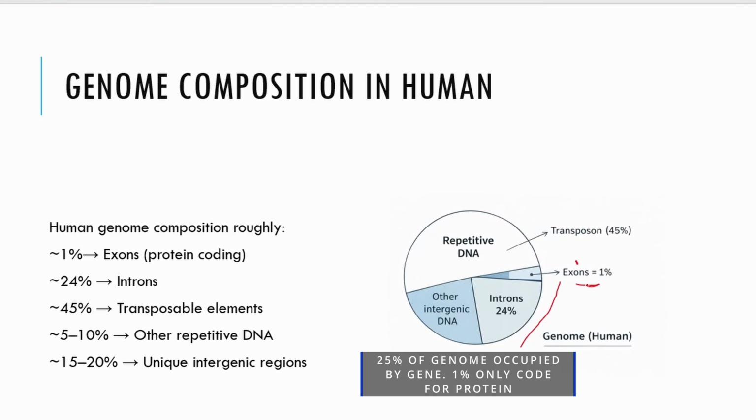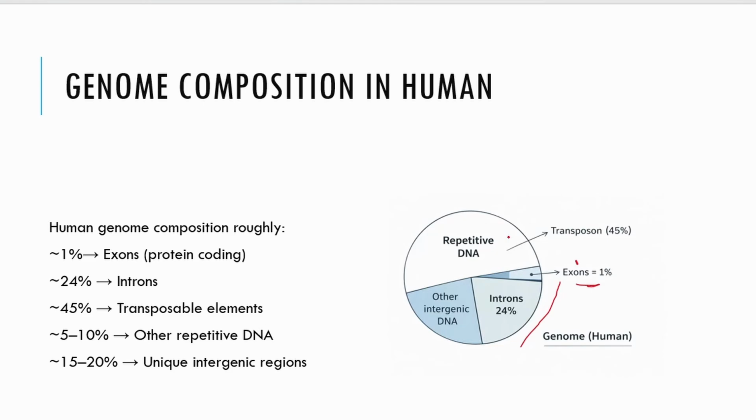Only 1%, as you can see here, codes for protein. The genes represent only around 25% of the genome, and only 1% codes for protein. And the remaining transposons and other intergenic DNA constitute the most. And by repetitive DNA, I mean the sequences which are present in more than one copy number in the genome.